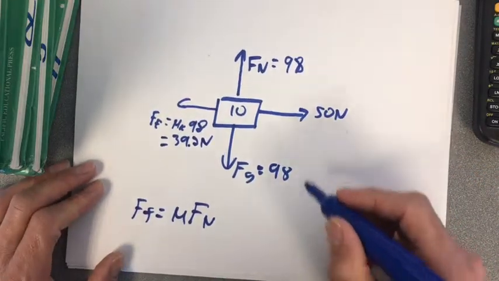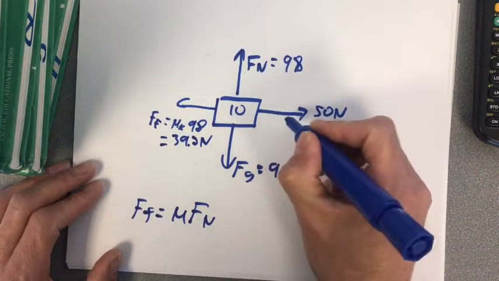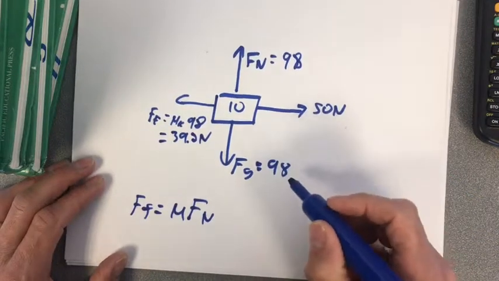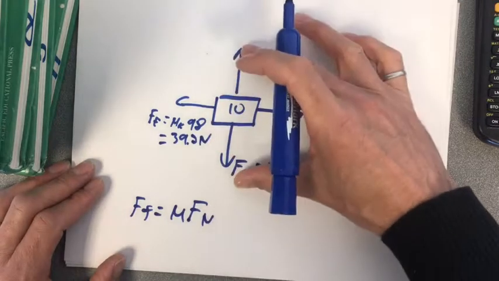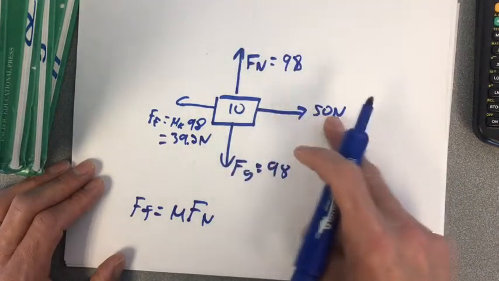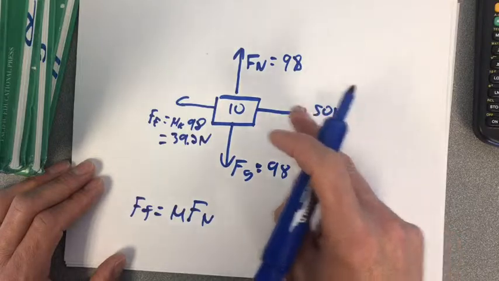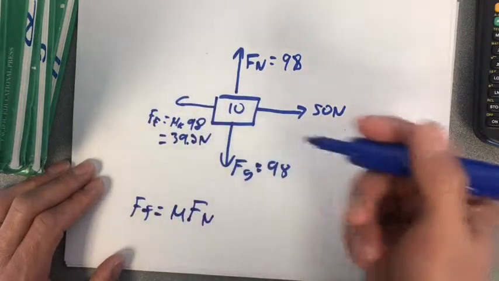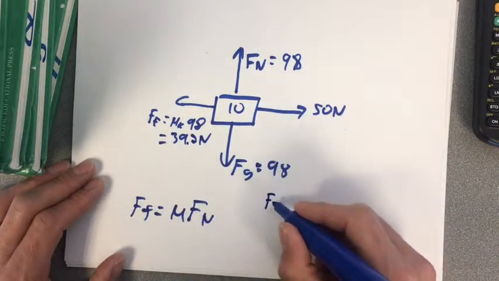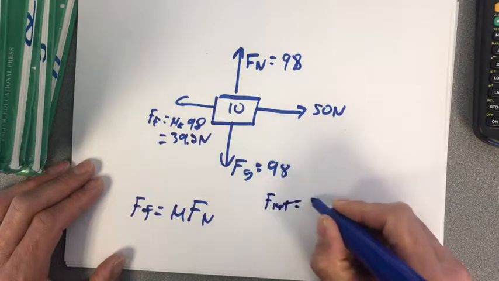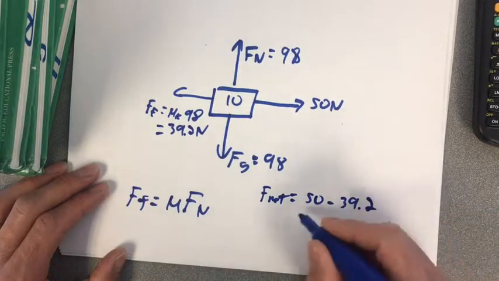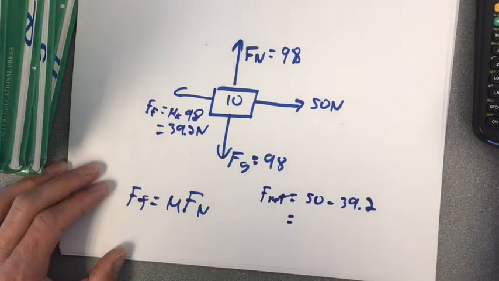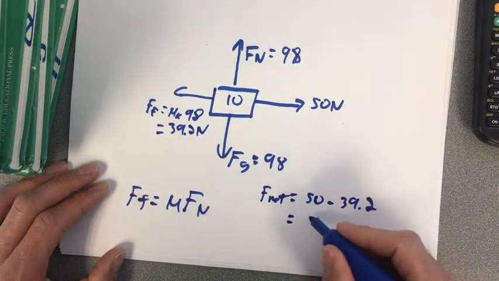The net force, which we never draw as an arrow on the block, we draw it separate. The net force is going to be this way. You can see gravity and the normal force cancel each other out. We have applied force of 50 newtons and friction of 39.2 pulling back. So the net force is 50 minus 39.2, which is 10.8.